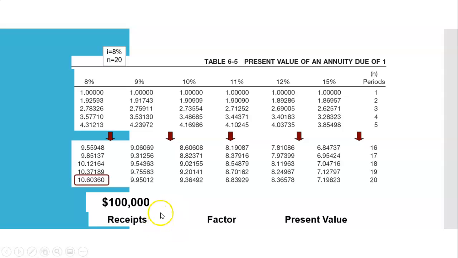We take our R, which is 100,000 a year, times the factor from table 5, and that gives us the present value of $1,060,360. If you'll recall, the present value when she had an ordinary annuity was 980 some thousand, so this is quite significantly more just by moving the first payment to now, a year early.